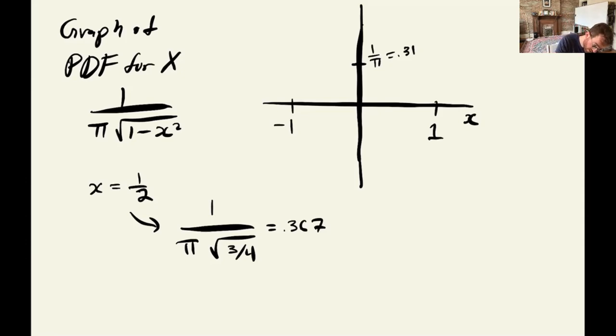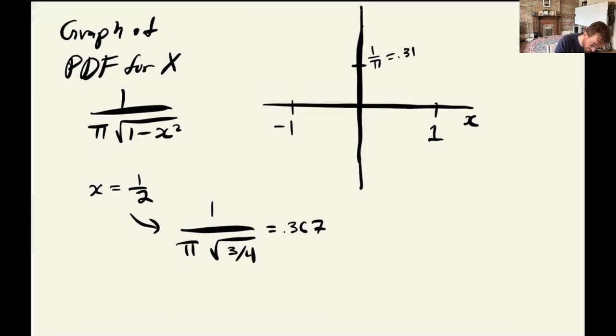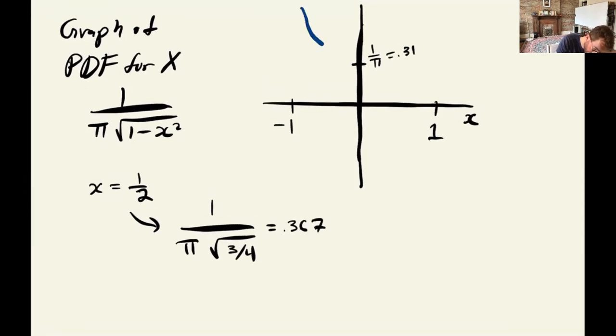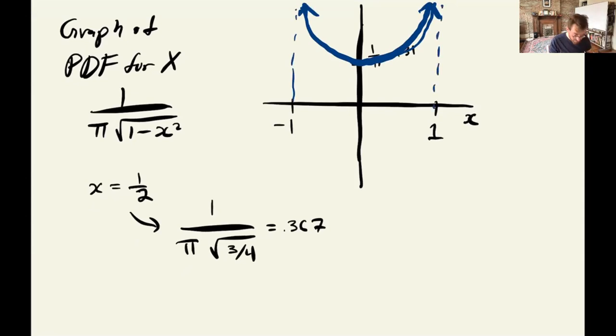And so the graph of this now looks something like this, and it reaches these vertical asymptotes at plus and minus 1.